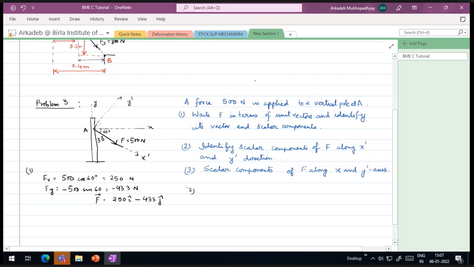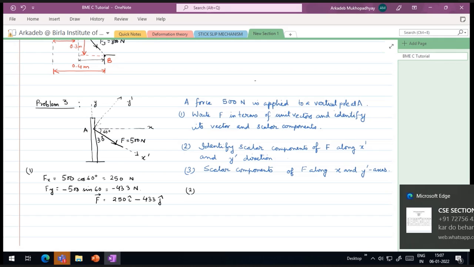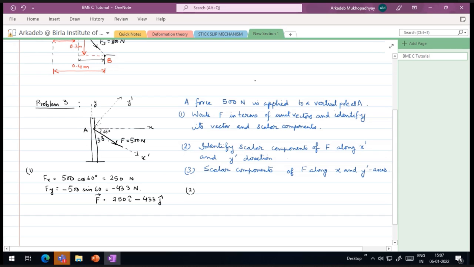Now for part 2. Scalar components of f along x dash and y dash direction. How can we find that out? This is my x dash direction and this is my y dash direction. So first we have fx dash and fy dash, isn't it?